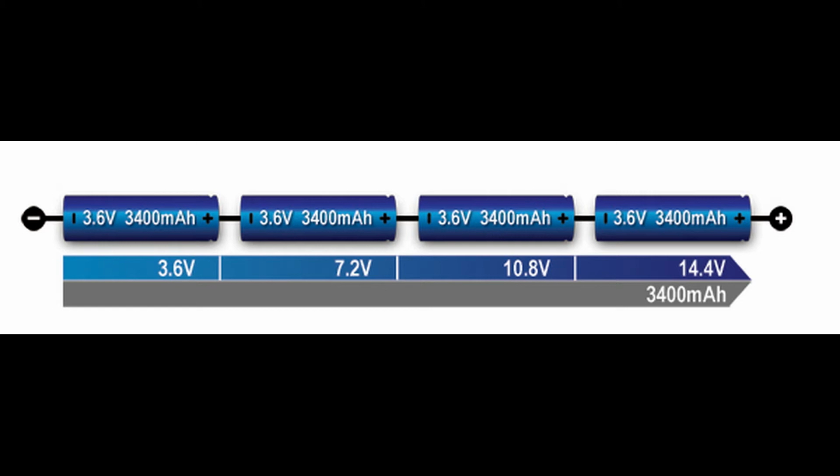Then how are the terminals of the cells connected? The positive will be connected to the negative, and then again positive to negative, and so on. So look carefully inside the back compartment of any device.